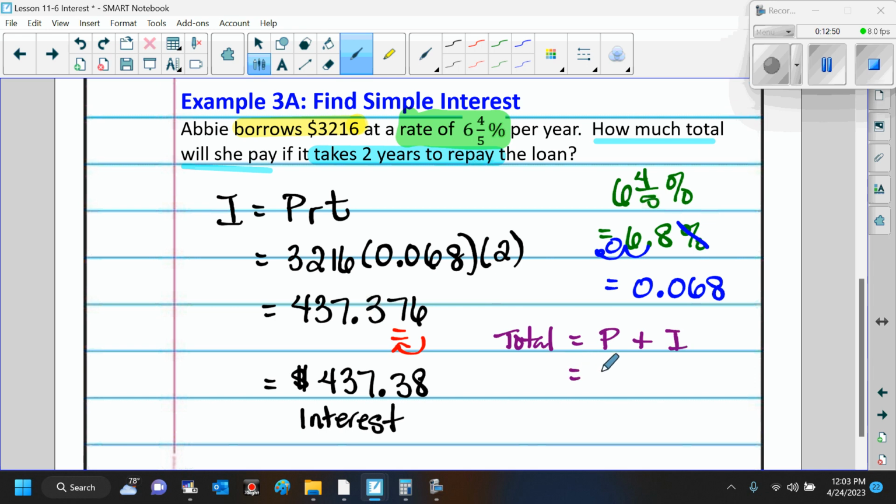So the principal is $3,216 plus the interest was $437.38. And what's that going to give you? 3,653.38. Does everybody agree? Tell me again. 3,653.38. Is everybody clear?